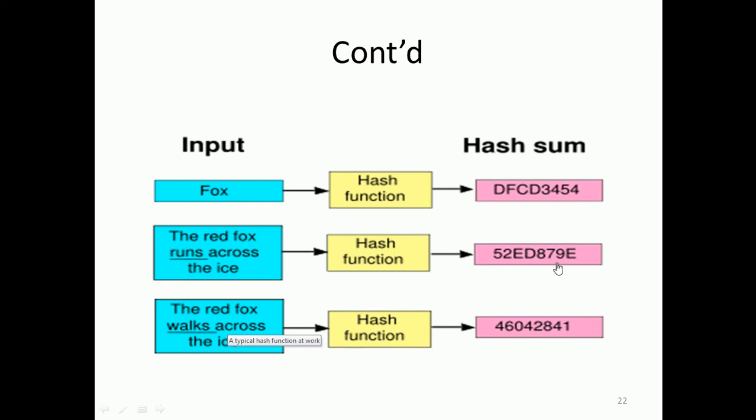So this hash value uniquely identifies an input. If you send a document to someone along with the hash value, the receiving party ensures whether the document is original or not by regenerating the hash value.